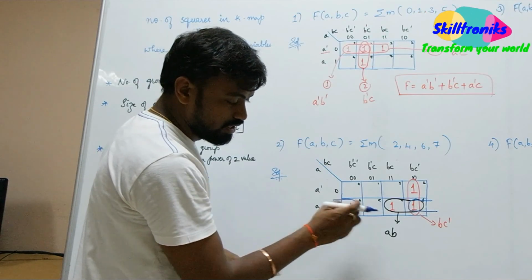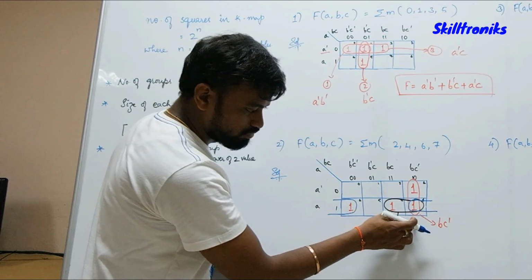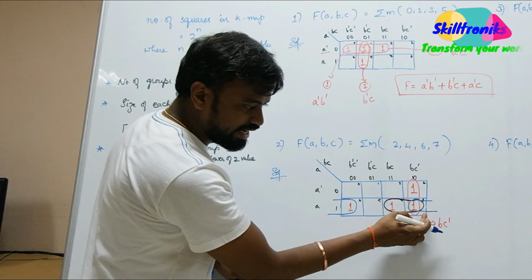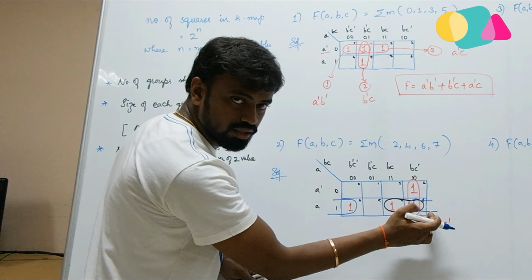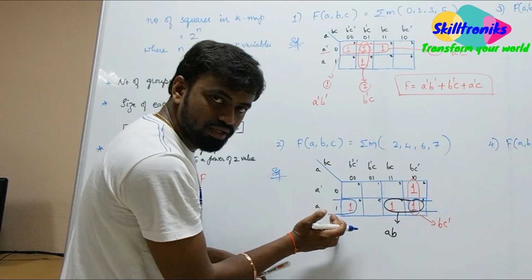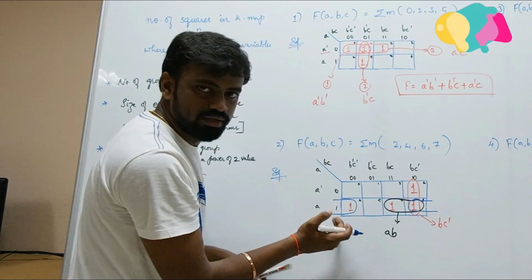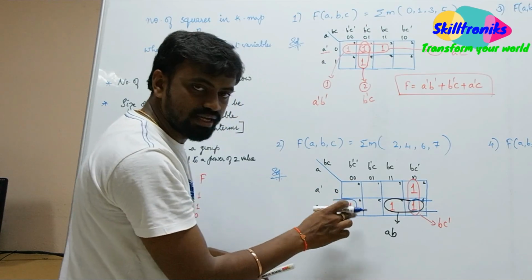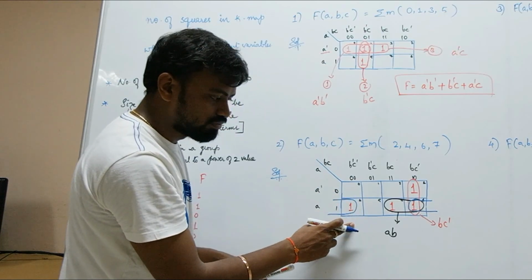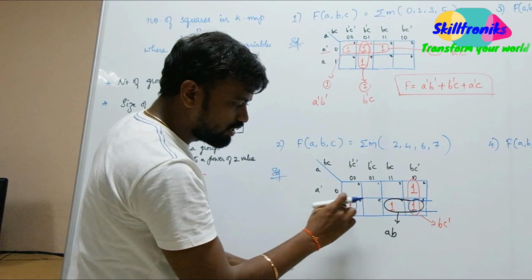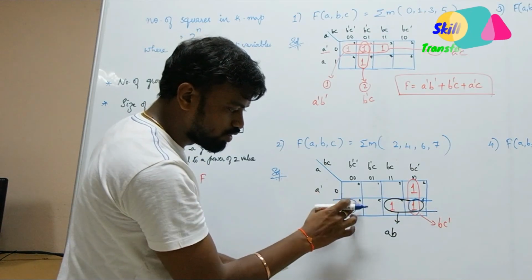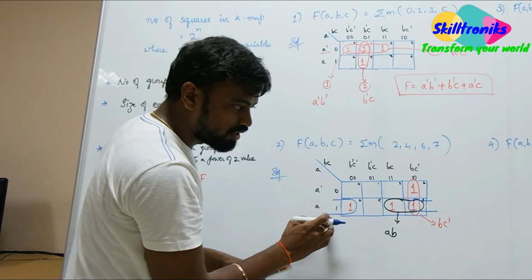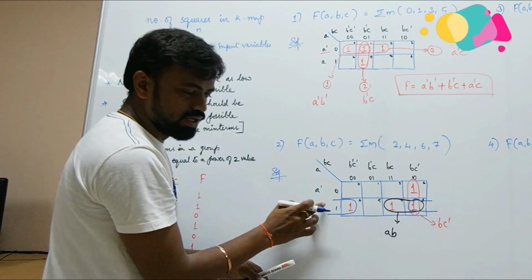It means that when you are standing here, this open group indicates that there is some minterm on the other side of the map which is ready to get paired, and if you stand here, the same will be intimated to you. So while forming edge or corner groups, it is always preferable to make this group open on one side.